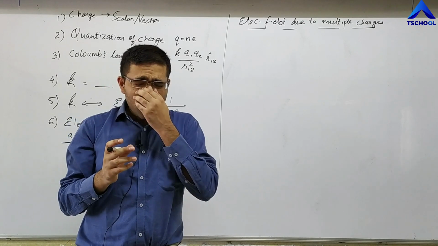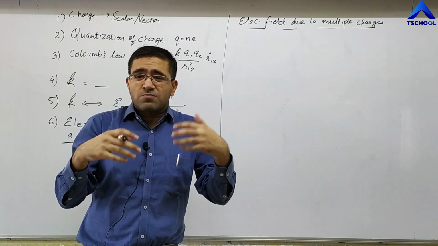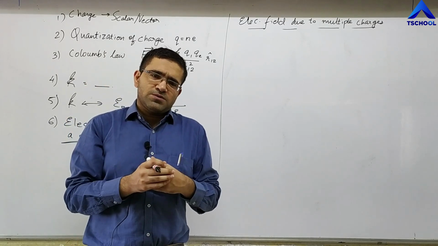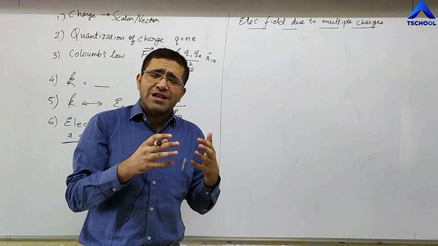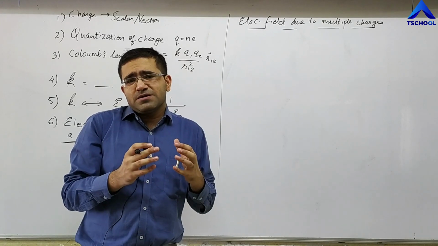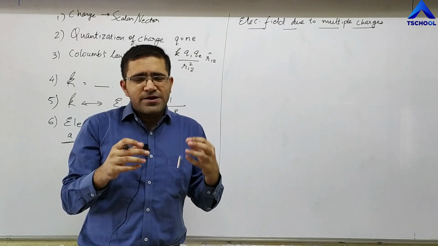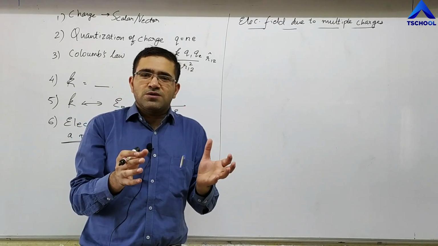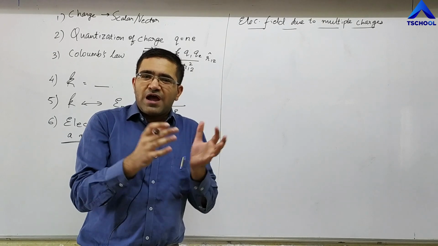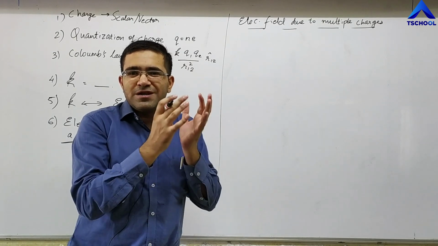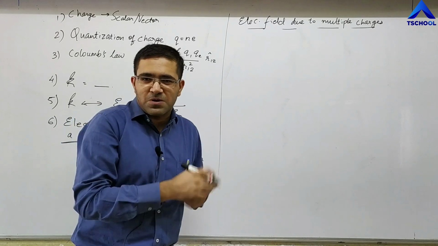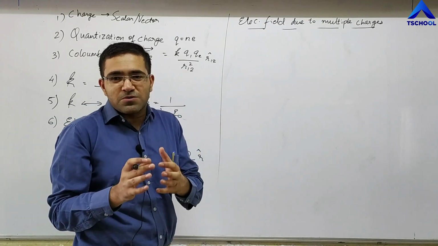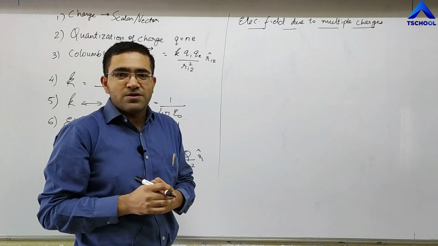So there are many source charges, and each source charge creates its own electric field, and then the net result is that the electric fields of all these source charges add up to each other and produce a net electric field. So that's what we are going to talk about. It's very close to the superposition principle of forces.